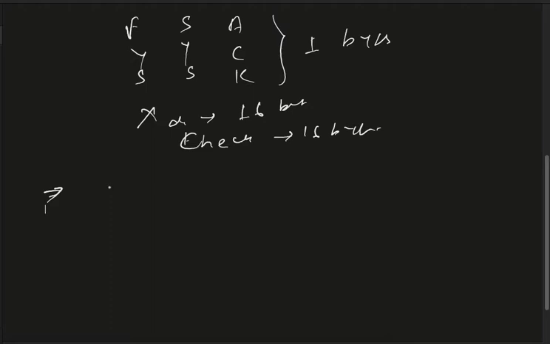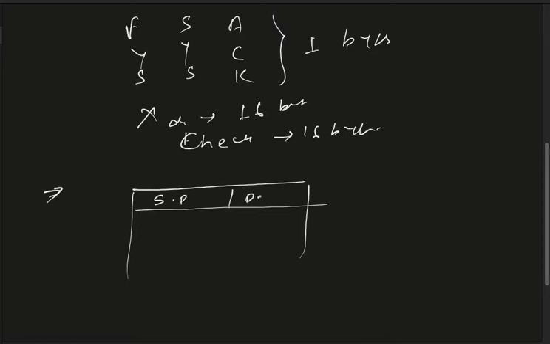The TCP/IP properties. This is mainly this formula, these figures. Source port, destination port.